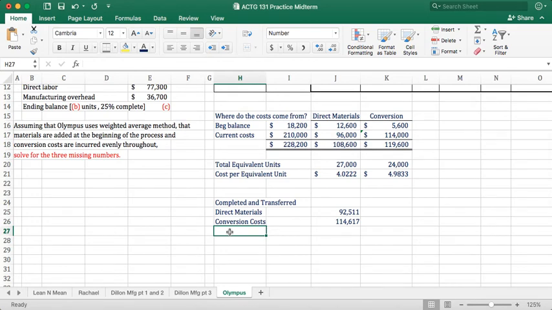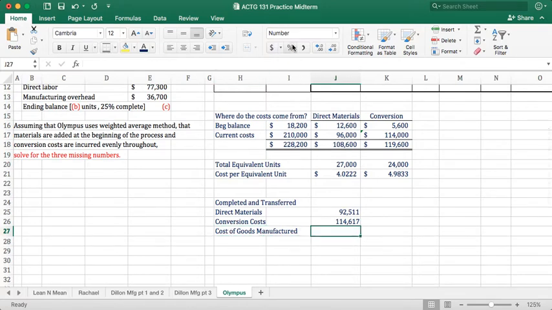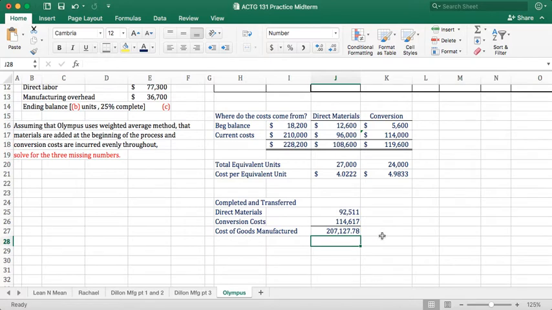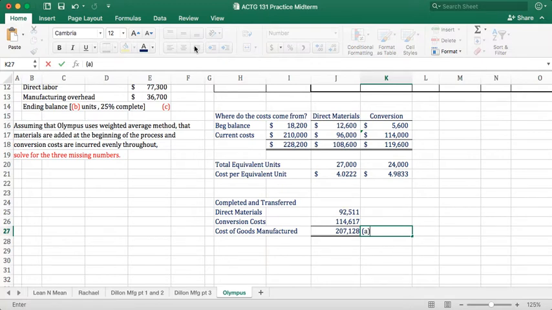So this is the answer for A. And let's round that. I'll make it red so that it stands out. This is the answer for A.